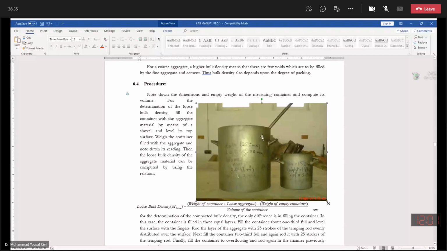Then you will release it after lifting to a certain height and allow it to fall freely. This will give a jerk to the material for its readjustment within the container.